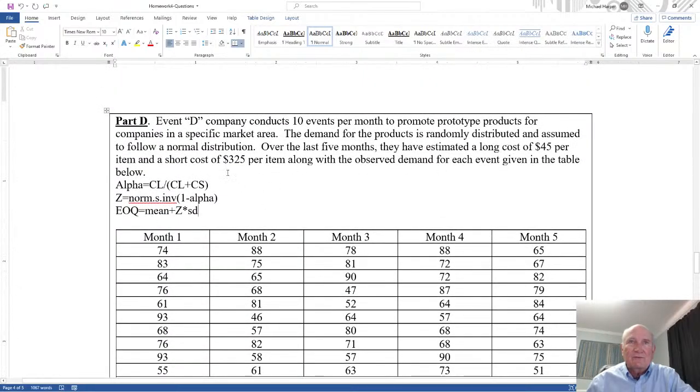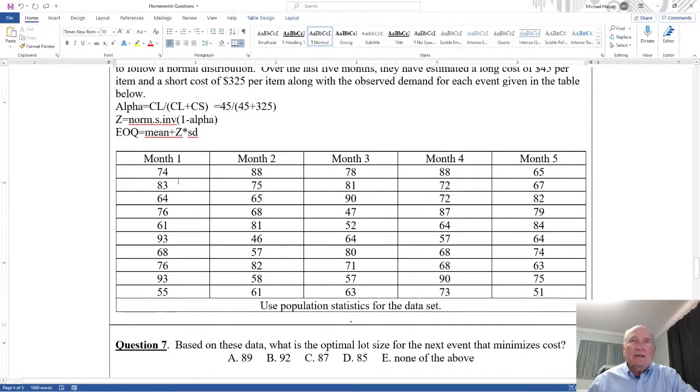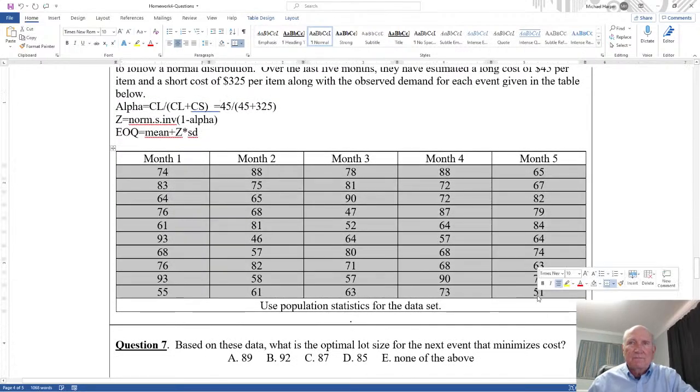In other words, this is going to be 45 divided by 45 plus 325. There's our alpha. Alpha goes into here to calculate our Z. Z goes into here. We need our mean and variance. Well, it gives you all the numbers here.